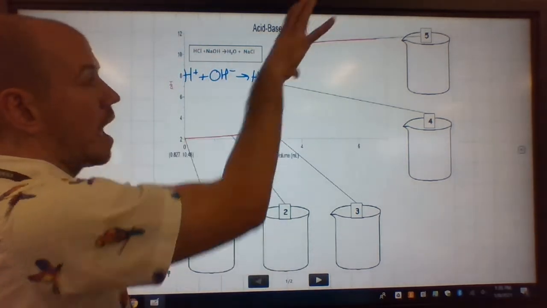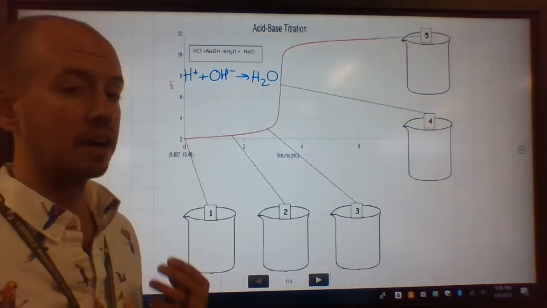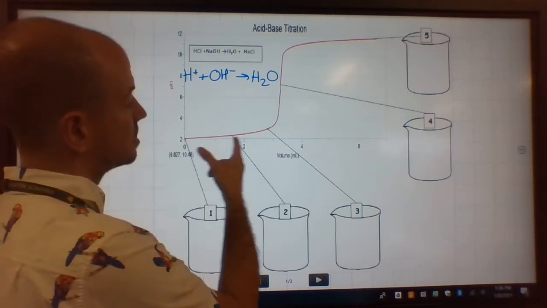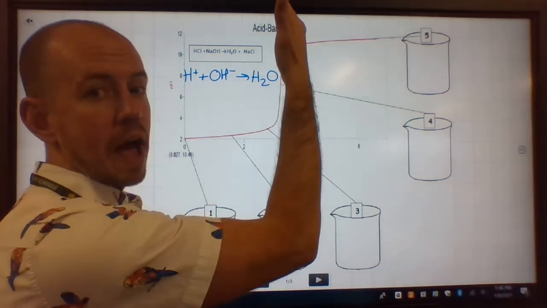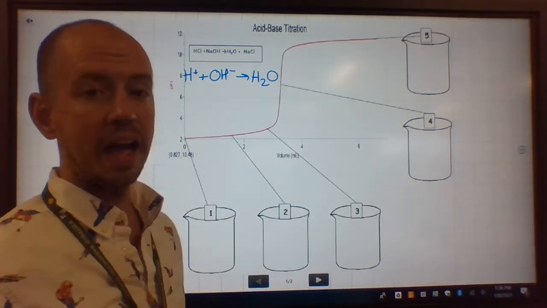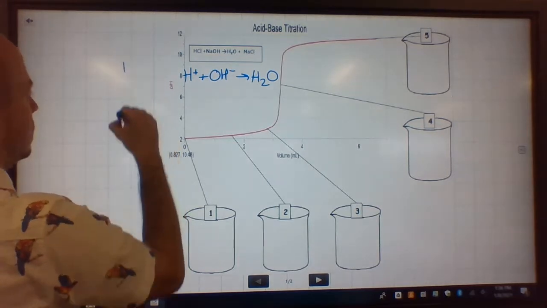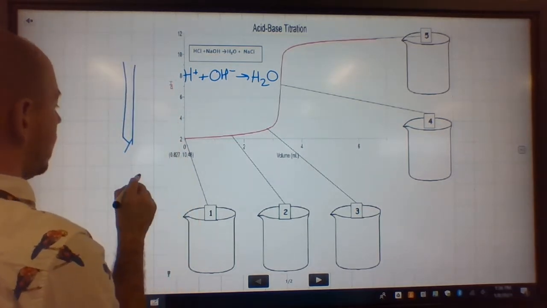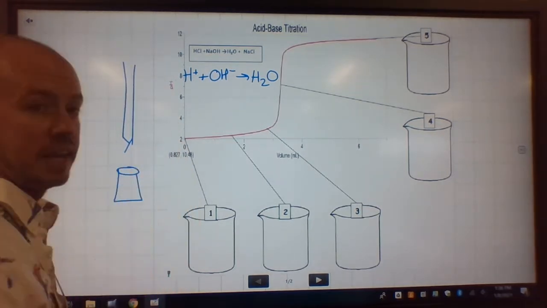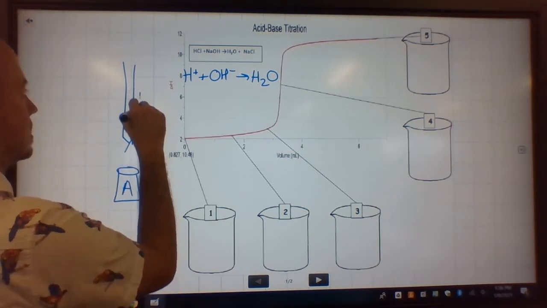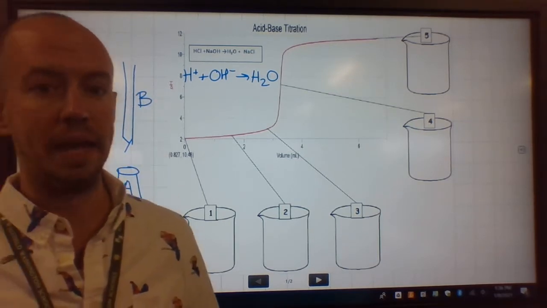As we look at our titration curve here, we can observe a few things. The pH starts low, it stays low for a little while, rapid increase and ends high, which tells us what's in the burette and what's in the beaker. So the burette is up here, our beaker or our flask down here, because the pH starts low, that is our acid, and up there is our base.